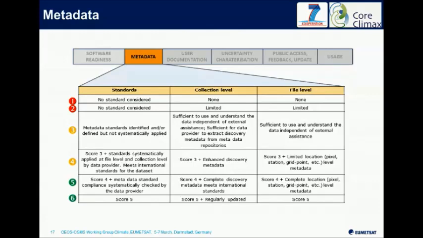Such things are contained in the files. So if there is complete pixel level or grid level or station level metadata in the files, then it gets a score 6. So basically, this tool is assessing whether each of these things are followed in data set development, and based on how well they followed best practices, they get different scores.